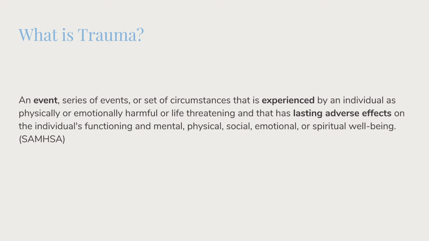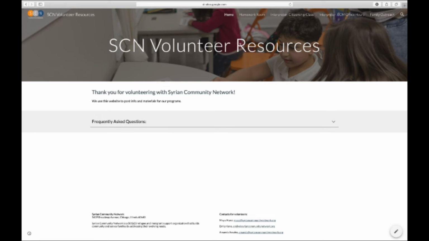So we maintain an internal-facing volunteer website that you will get access to once you submit your volunteer form and clear your background check. We use this website to post any materials or resources for our currently running programs and initiatives.